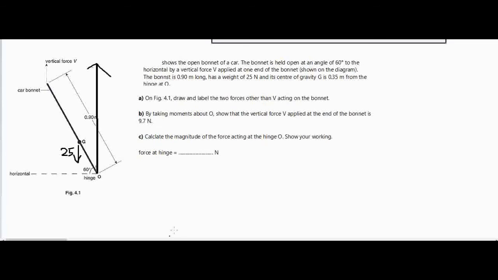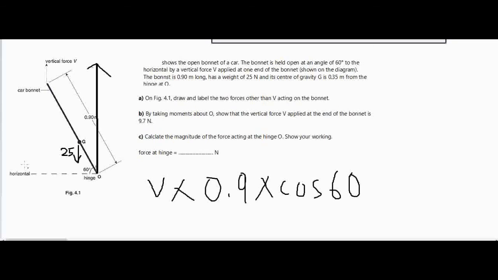So we can say that V times 0.9, since that's the distance of it from O, multiplied by cosine 60, and we're multiplying it by cosine 60 because we are resolving the vector. As we see, there's a horizontal component, and we're resolving the horizontal component of the vector that's going in this direction. So that's why we multiply it by cos 60.